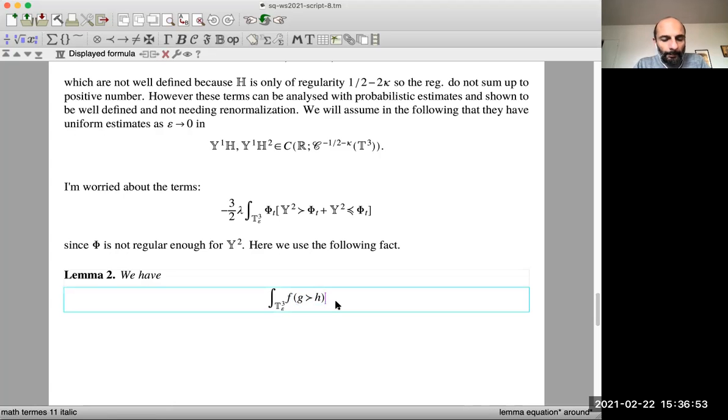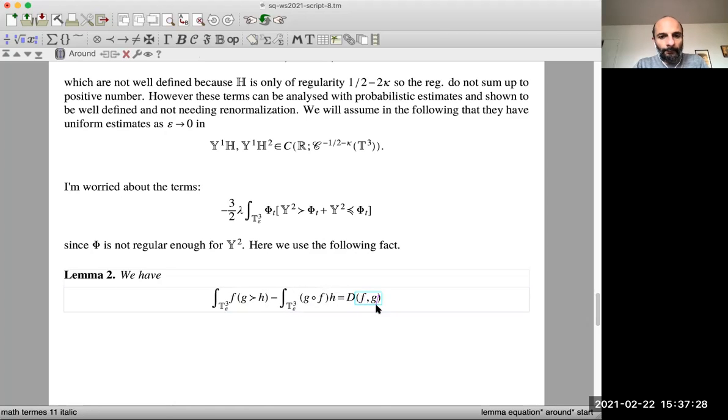The result tells you what the adjoint is in this L2 space of the multiplication by the paraproduct, and the adjoint is the resonant product. So you can put this operation on the other term, provided you pay a price, and the price is a trilinear function of F, G, H.